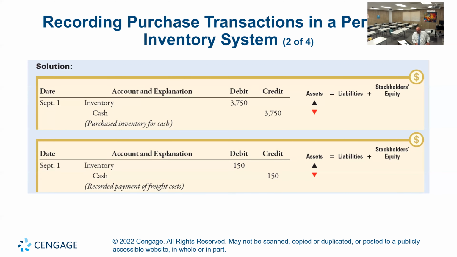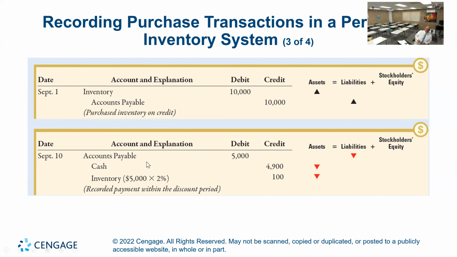So that was our first transaction. Also on that date, for that purchase, we were responsible for the shipping cost. The shipping costs were $150. Those $150 again become part of our inventory. So our inventory, being an asset, gets debited to increase it by $150. And again, we paid out cash, reducing that asset by $150 to pay the freight cost.